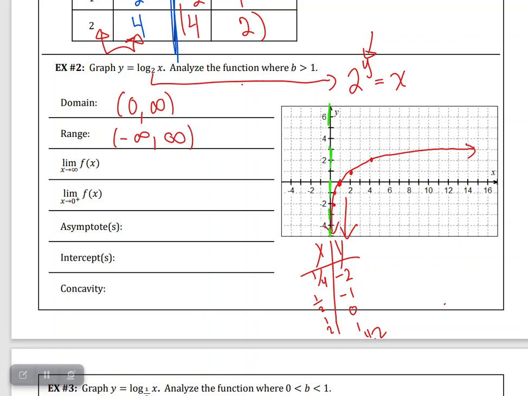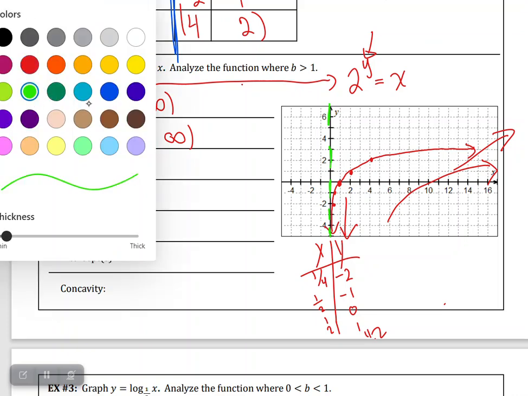Now, what happens to these limits? Let's take a look as x approaches infinity. As it's going this way, what's happening to the y value? It is going to increase. So as it's going right, the limit as x approaches infinity is infinity.